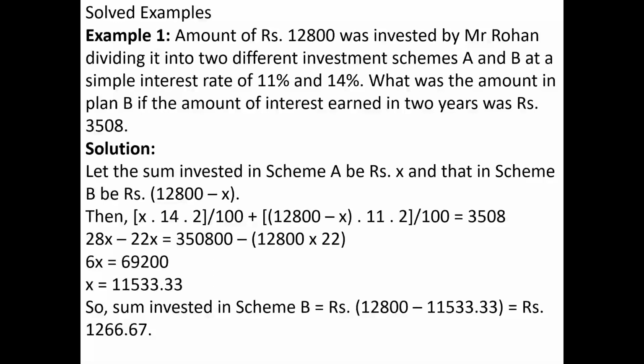Okay, so what was the amount of Plan B? We need to find the amount of Plan B. How much amount he has invested for Plan B, we can calculate, because it is already given that the interest earned in 2 years, after 2 years, how much he has earned: 3,508.